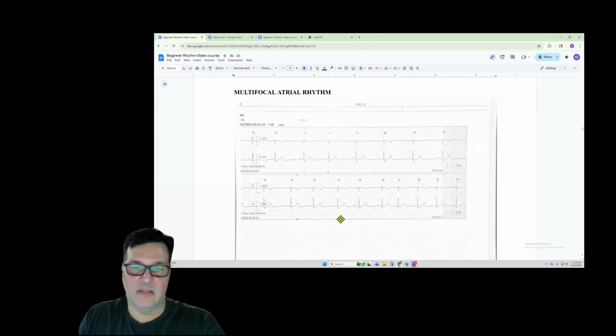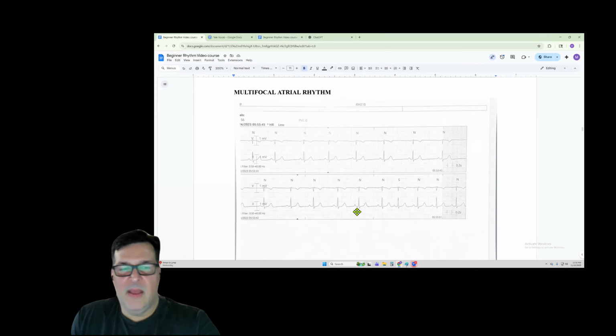It's really not the greatest example, but you can see how they sort of change: they're positive, a little bit flat, pointy over here. They're all different P waves, but they're still all positive. But if it's 3 or more different P waves, we're just going to call it a wandering atrial pacemaker.